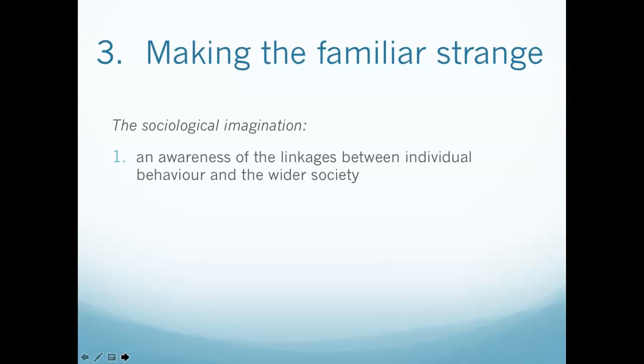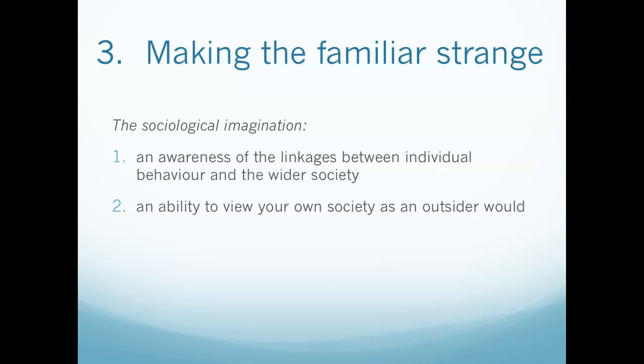What he means by the sociological imagination is developing an awareness of the linkages between individual behavior and the wider society. Part of that skill is developing the ability to view your own society as an outsider would.